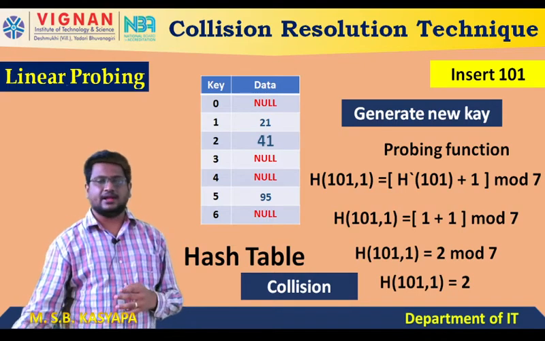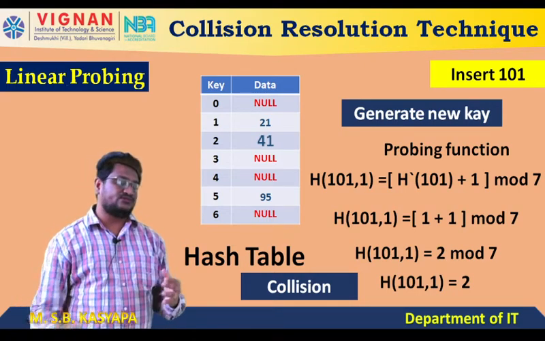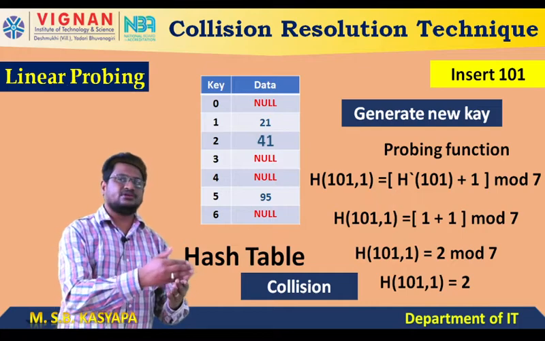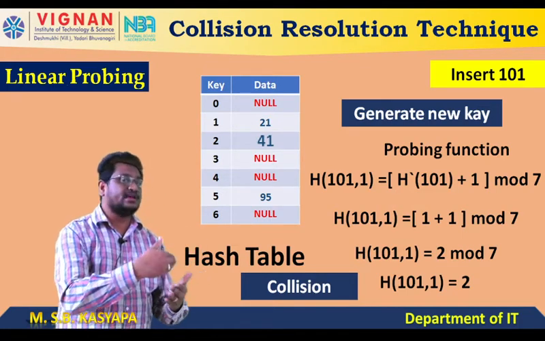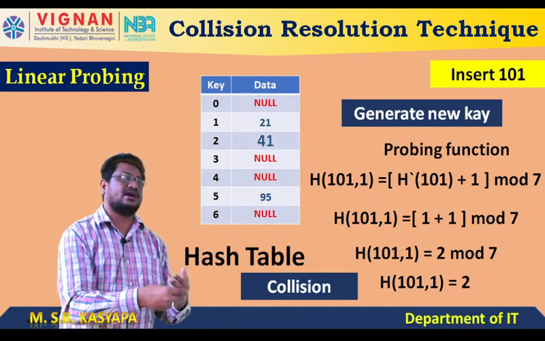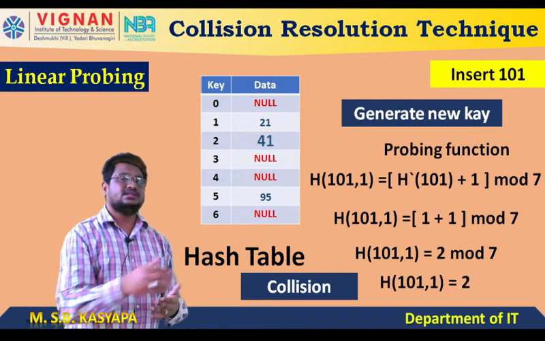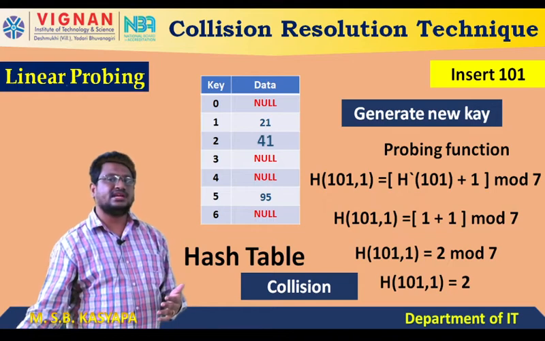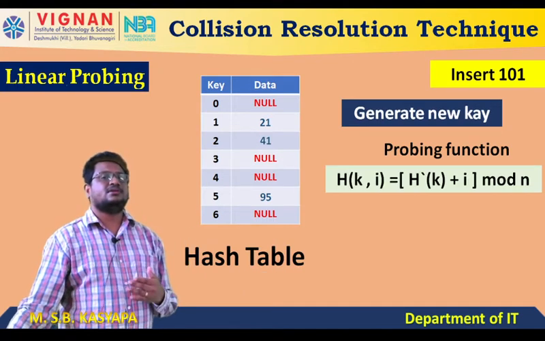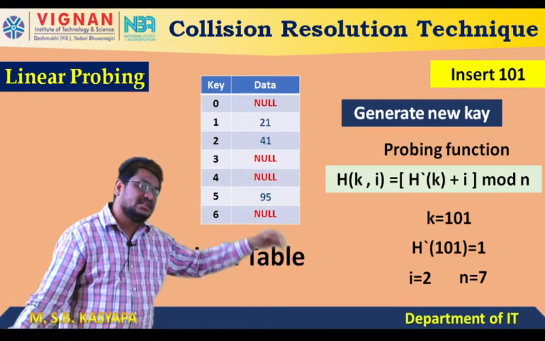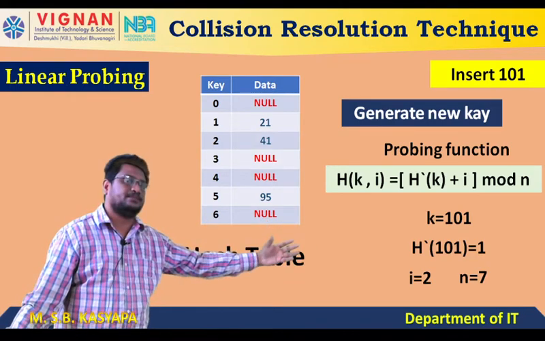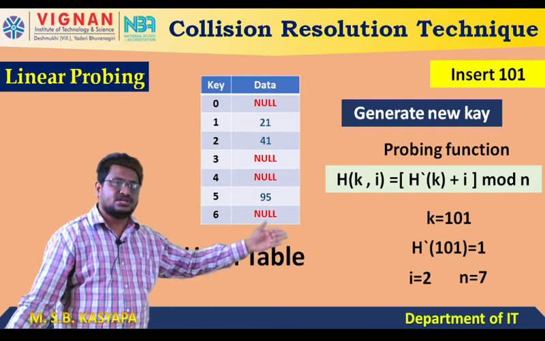Initially, when the first collision happens, my probing value is 1. After applying the probing value, if a collision happens again, I have to increment the probing value. So now my probing value is i equals 2. Initially it was 1, now it is 2.